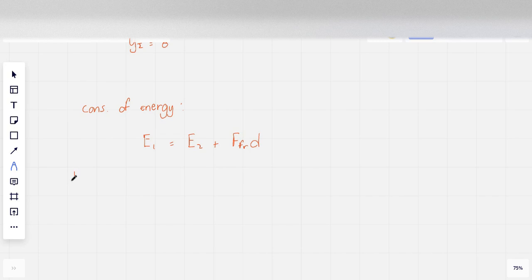So this can be written as a half mv1 squared, the initial kinetic energy, plus the initial potential energy, which is mgy1, must equal the final kinetic energy, a half mv2 squared, plus mgy2 plus the work done against friction, F times d. Now we want to solve for v2 in this problem.